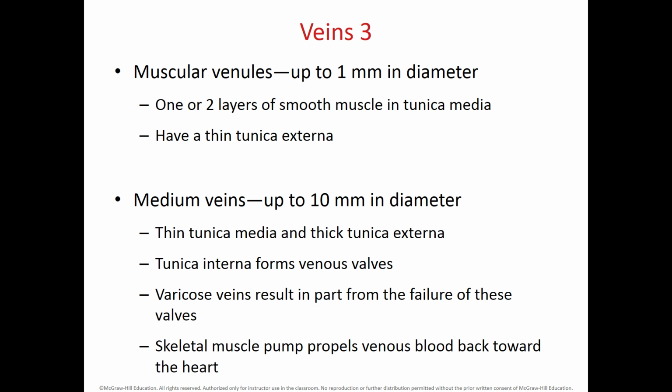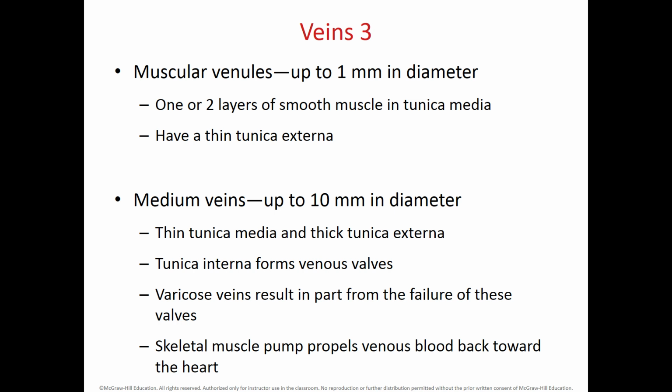As you move towards the heart, the venules will become larger, and they will be called the muscular venules. Muscular venules can be up to 1 millimeter in diameter, and they can have 1 or 2 layers of smooth muscle cells in the tunica media, and they have a very thin tunica externa.